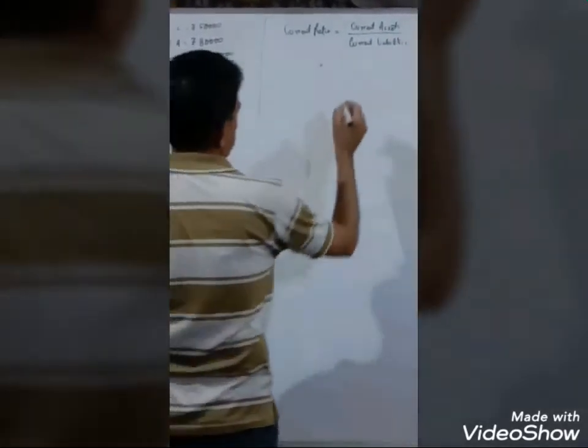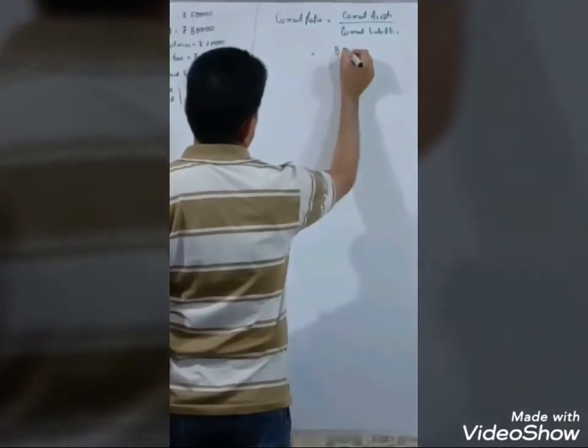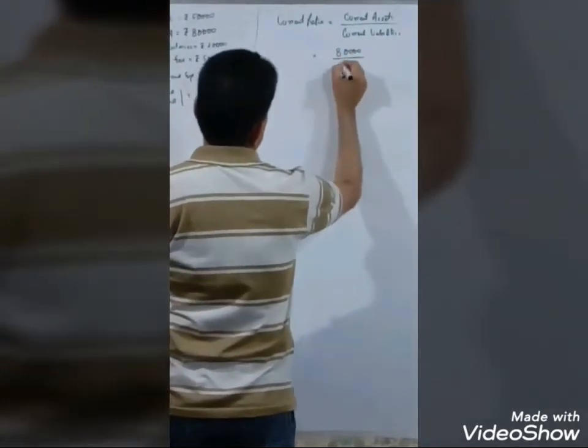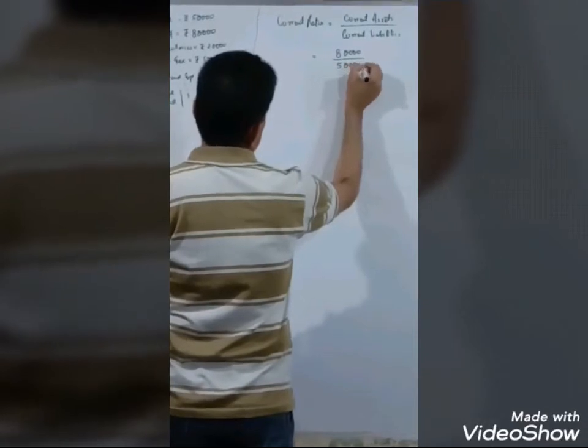Now, current assets are given rupee 80,000 and current liabilities are rupee 50,000. So straight away we will mention the figures. 80,000 are your current assets and 50,000 your current liabilities.